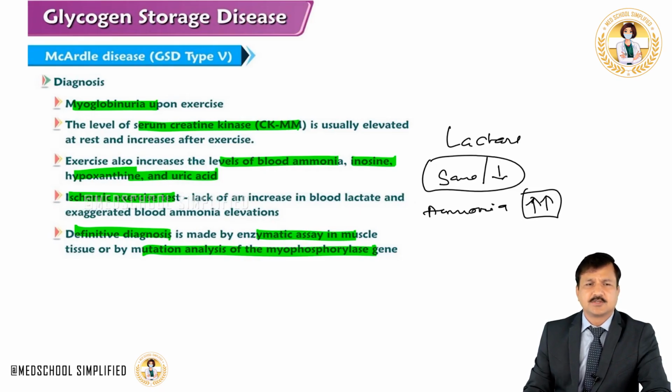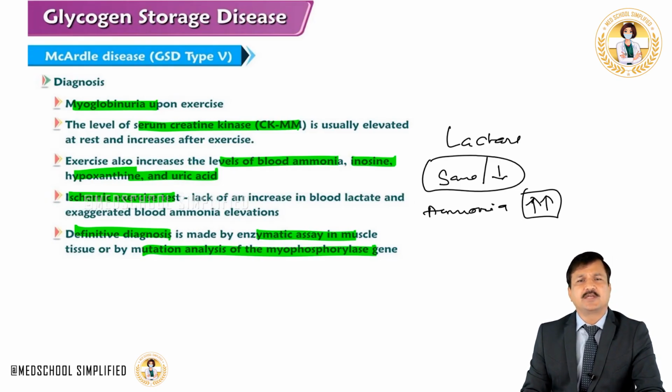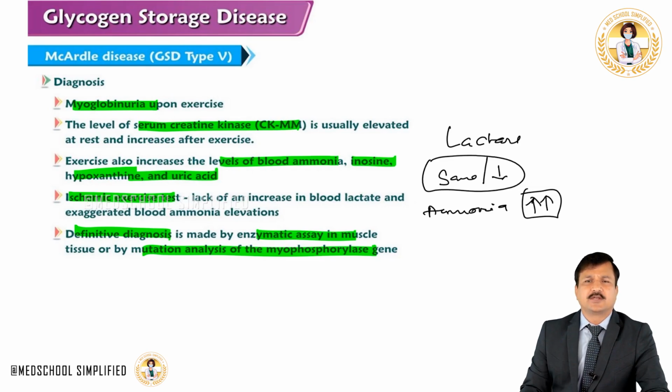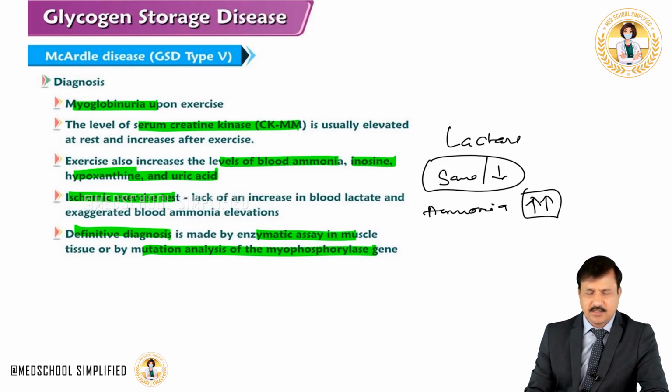So this is how McArdle's disease can be diagnosed, and for treatment the patient needs to avoid exercise, which is brief exercise of increased intensity, or long duration exercise even if less intense. That kind of exercise can be avoided to avoid rhabdomyolysis and myoglobinuria.